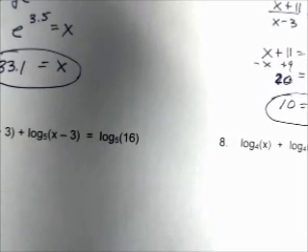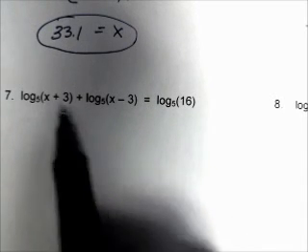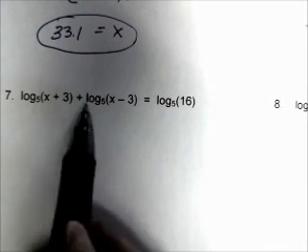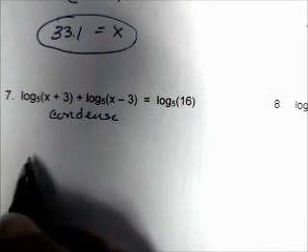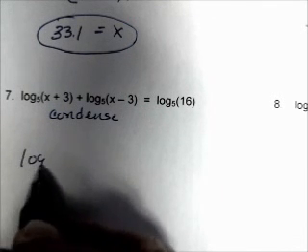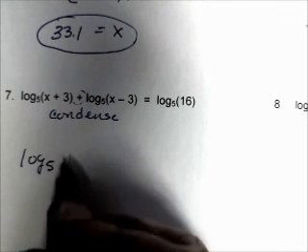Next, number 7. And by all means, you're more than welcome to pause the video and try on your own. All right. I'm looking at the left-hand side here. There's more than one log, so let's condense to a single log. So this is log base 5. The addition between the two logs meant it was multiplication.